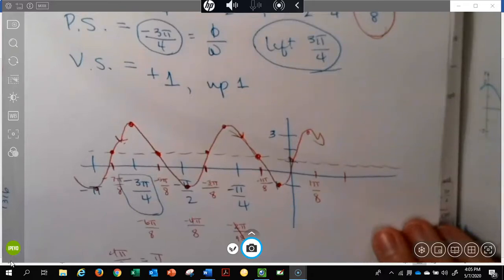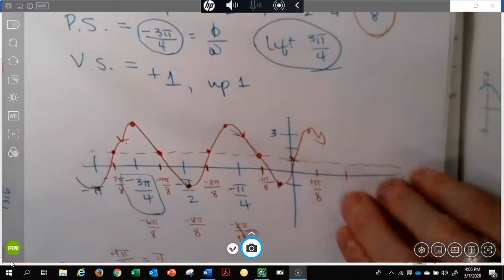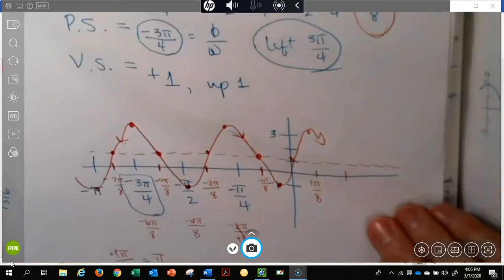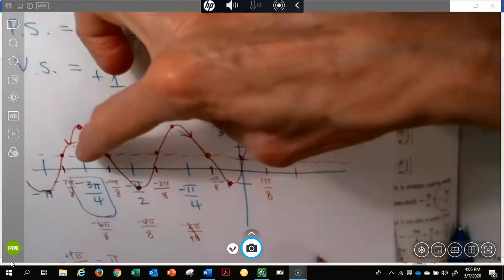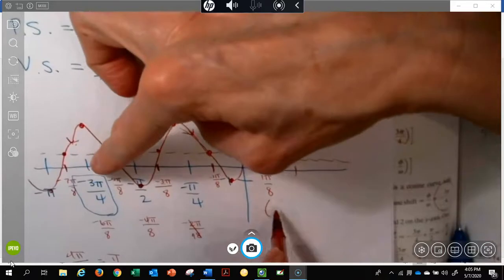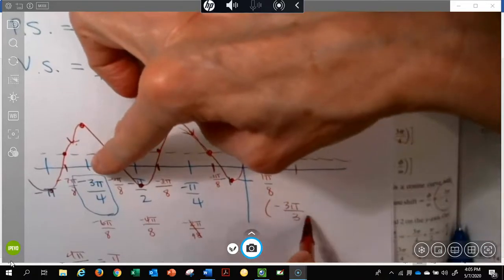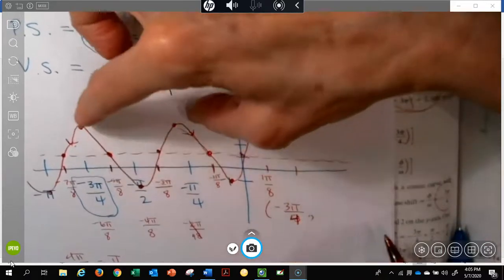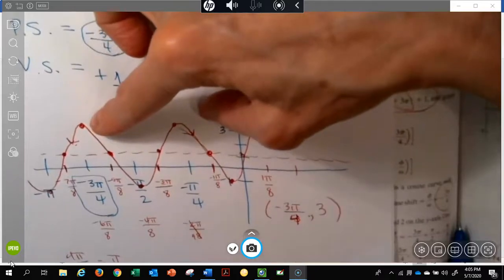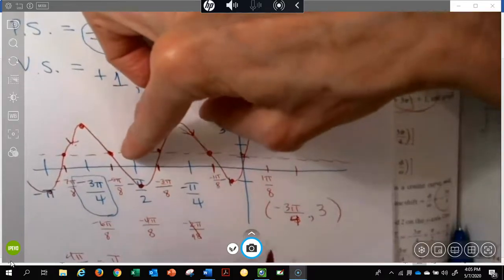And then as far as points, you just take your pick. I don't care. I will grade whatever points you give me. I hope you stay within this range and don't go all crazy. But I'll be ready for whatever you've got. So why not start back over here? 1 point is negative 3 pi over 4, and it goes up to 3. 1 point is done. Let's do this one.